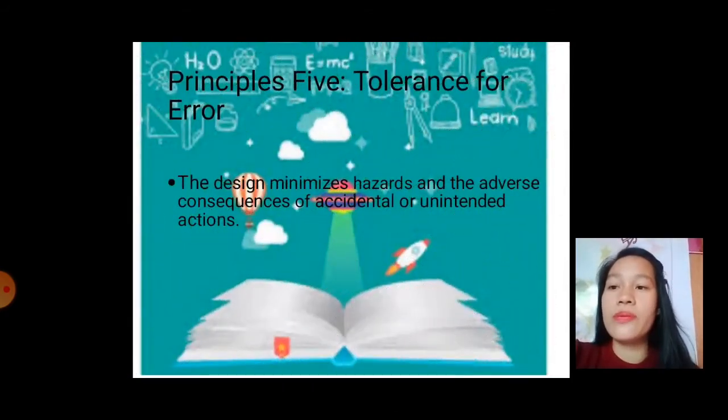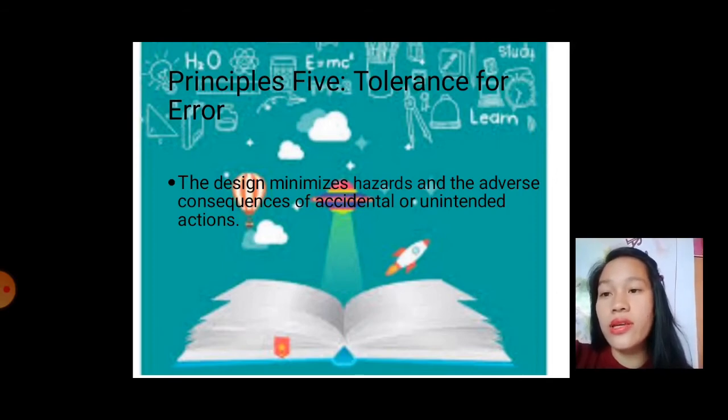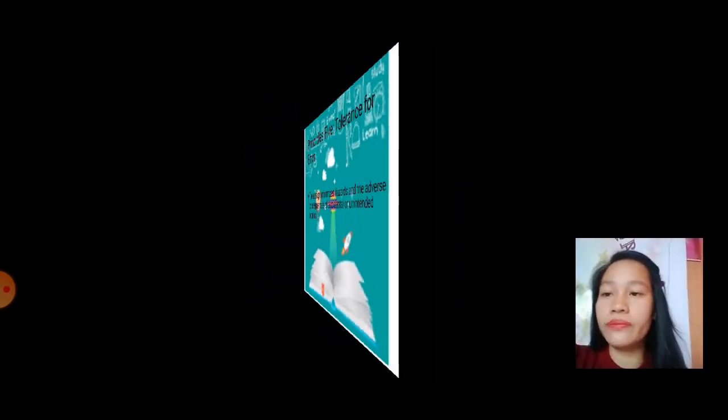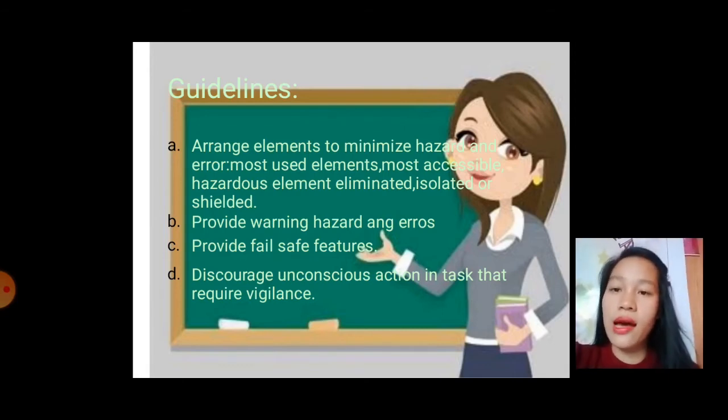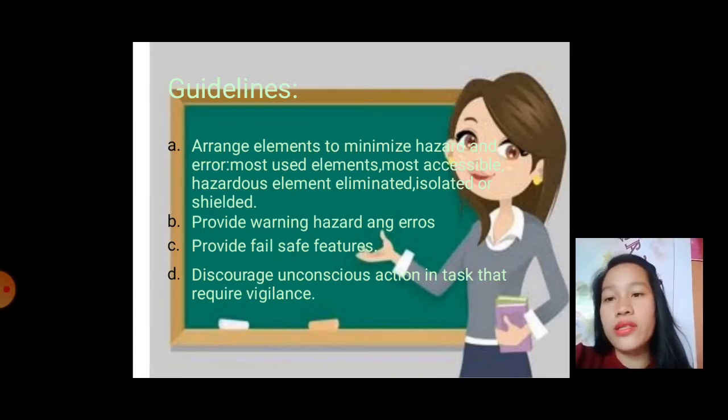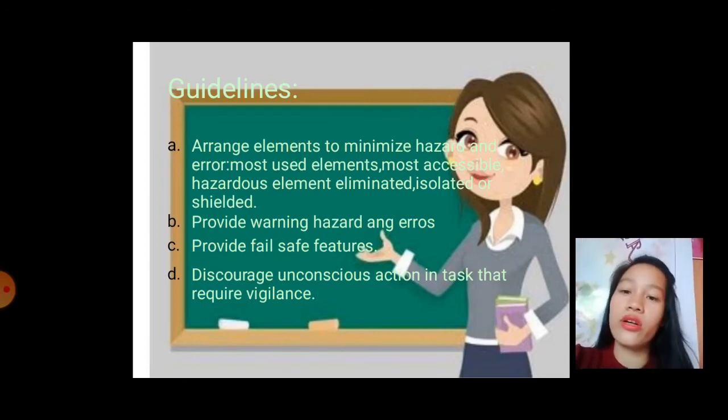And let's move to principle 5, tolerance for error. The design minimizes hazards and the adverse consequences of accidental or unintended actions. So here are the guidelines. Letter A, arrange elements to minimize hazards and errors: most used elements most accessible, hazardous elements eliminated, isolated, or shielded.